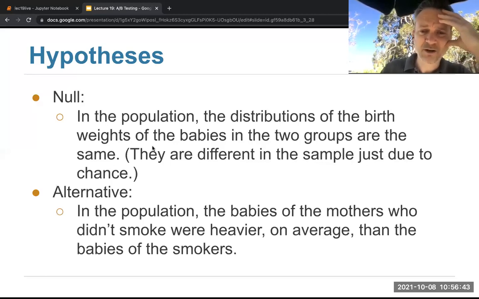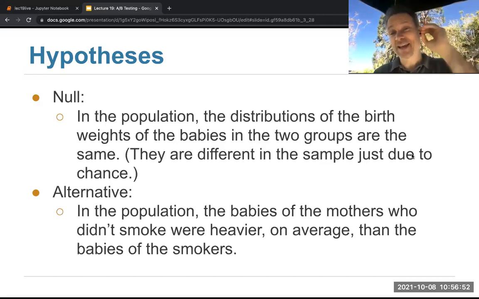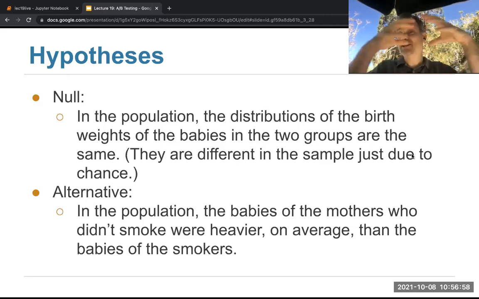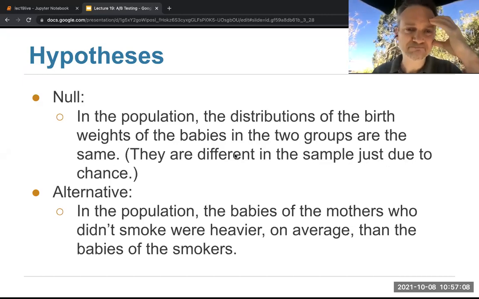In particular, the non-smoker babies are heavier and the smoker babies are lighter on average. In other words, the average weight of the smoker babies in the population would be lower than the average weight of the non-smoker babies.